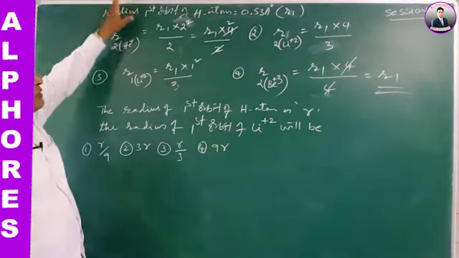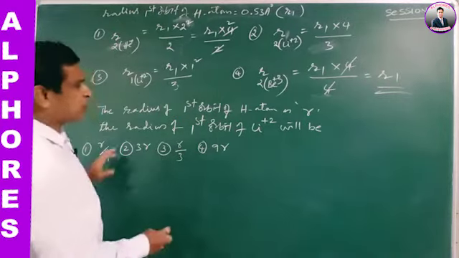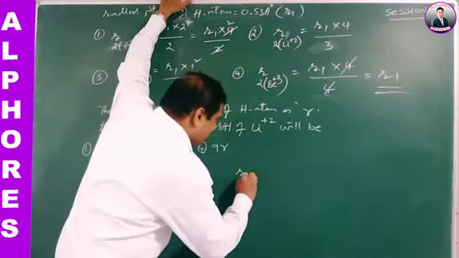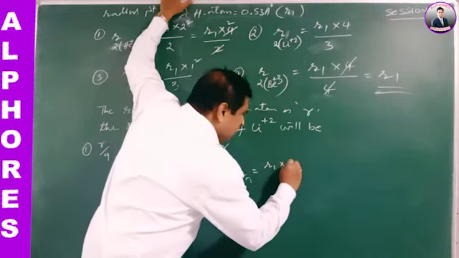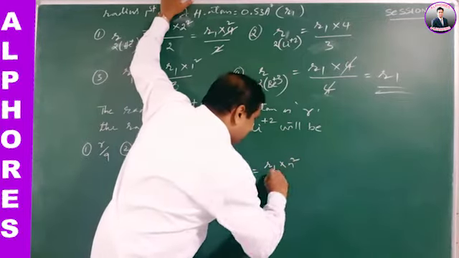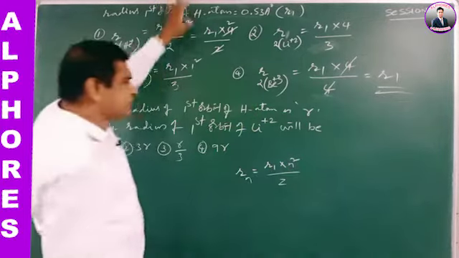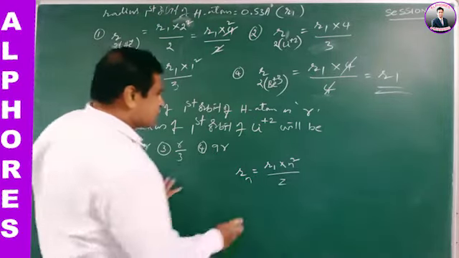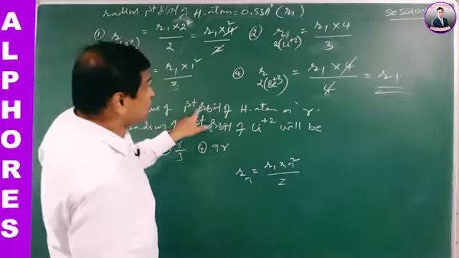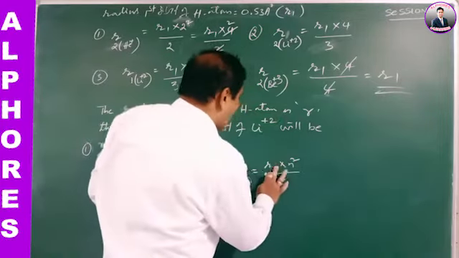So according to the general concept, we can use the same logical approach, that is the radius of nth orbit is equal to the radius of first orbit of hydrogen into n square by Z. That is the logical approach we have to follow. So the radius of the first orbit of hydrogen atom is r.